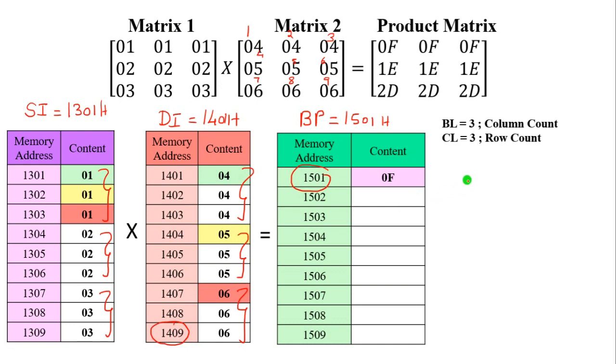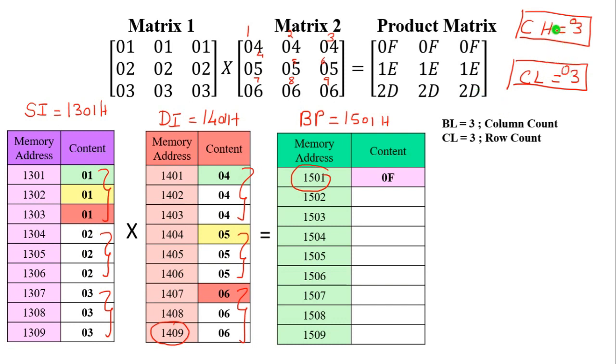One is a row counter, the other is the column counter. First, the row counter value is loaded into the CL register. That value becomes 3 because here we are using a 3 cross 3 matrix. The column counter value is also loaded into the CH register. That value also becomes 03, because this is also a 3 cross 3 matrix.